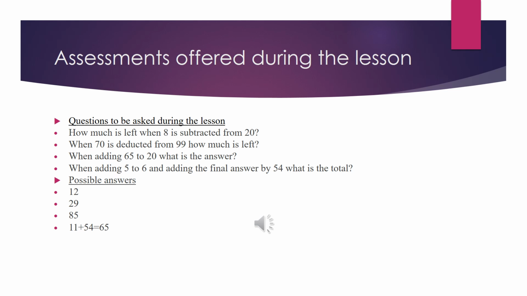The third question says, when adding 65 to 20, what is the answer? The last one says, when adding 5 to 6 and adding the final answer to 54, what is the total? The possible answers will be 12, 29, 85, and lastly, 11 plus 54 is equal to 65.